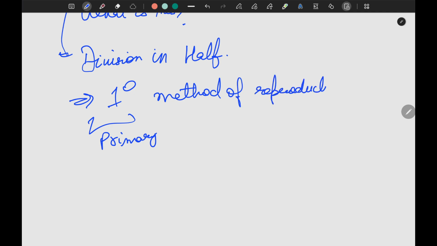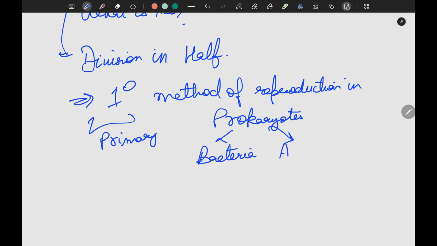What are prokaryotes? We can include bacteria and archaea.